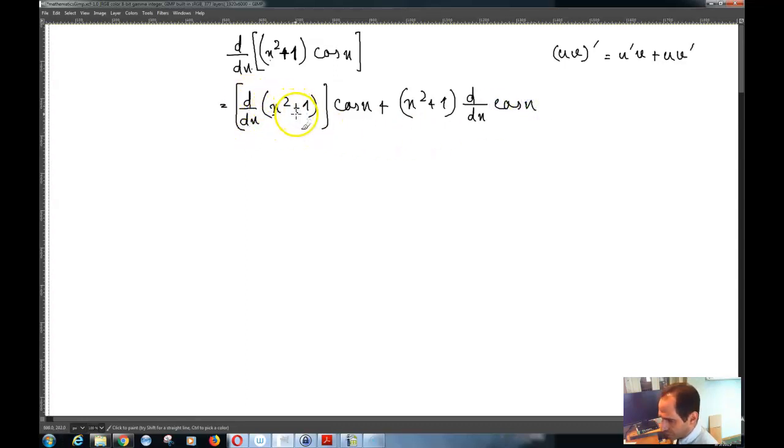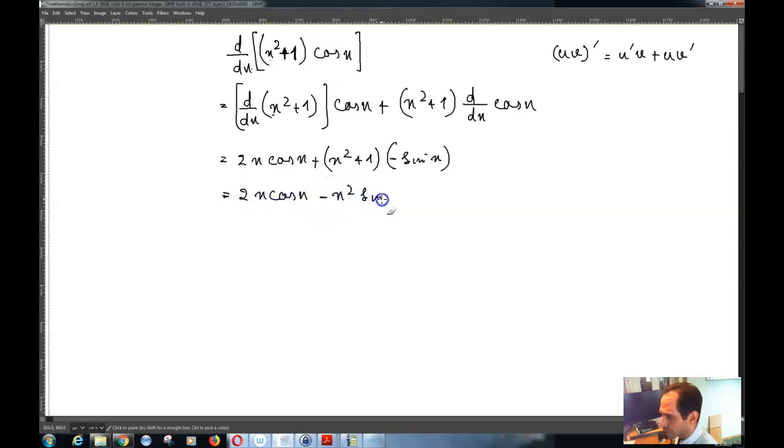Now d by dx of x squared plus 1 is 2x, so it is 2x times cos x, and that is x squared plus 1 times negative sin x. So you can write this as basically 2x cos x minus x squared sin x minus sin x.